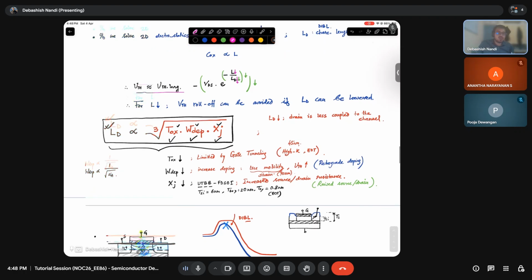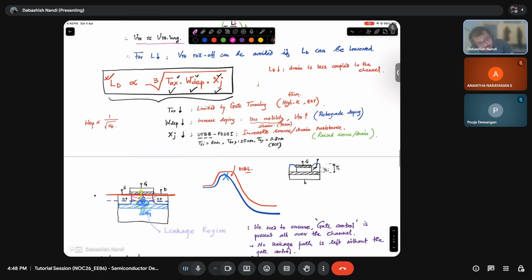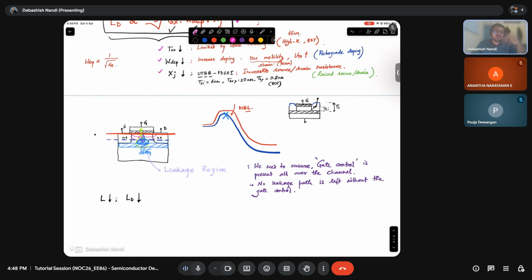So for lower LD, I have to keep reducing these dimensions. However, there is a limit to that, we have discussed. So what we can do, we can wrap the channel from another dimension as well. So that is what we have done in FinFET.